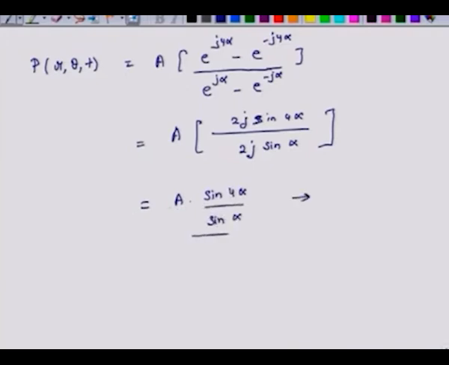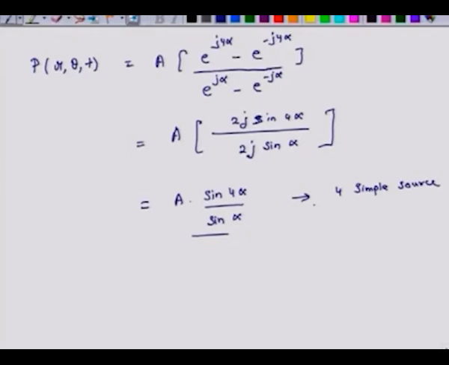So, this is for the case when I have 4 simple sources which are evenly spaced, they lie in a particular straight line, and these 4 sources have same volume velocity, and the phase difference between the volume velocities of each of these sources is 0.